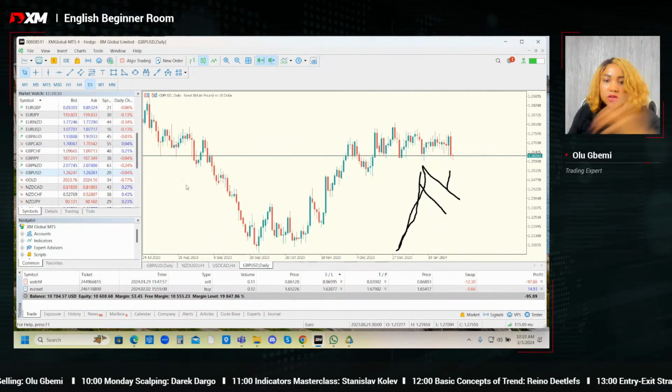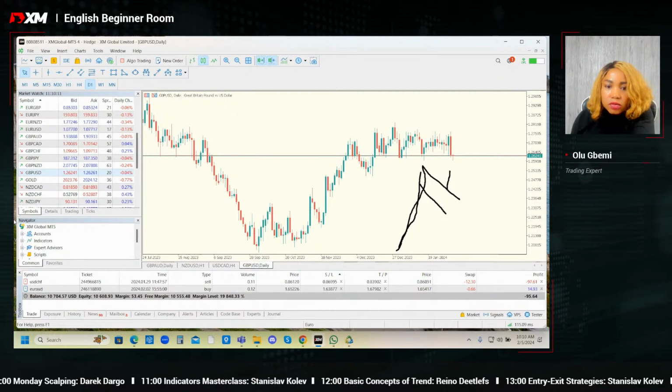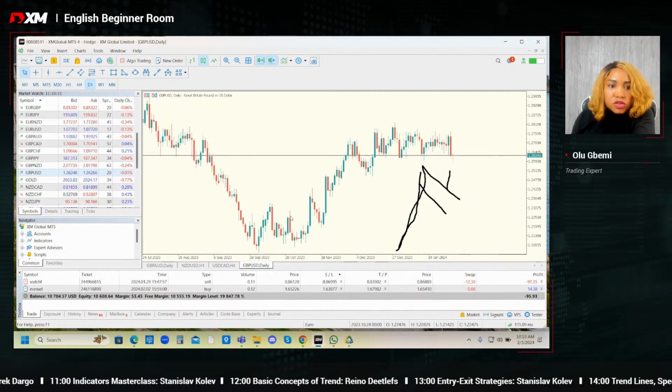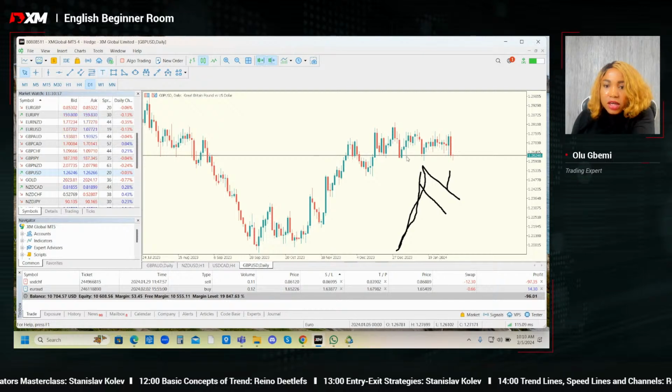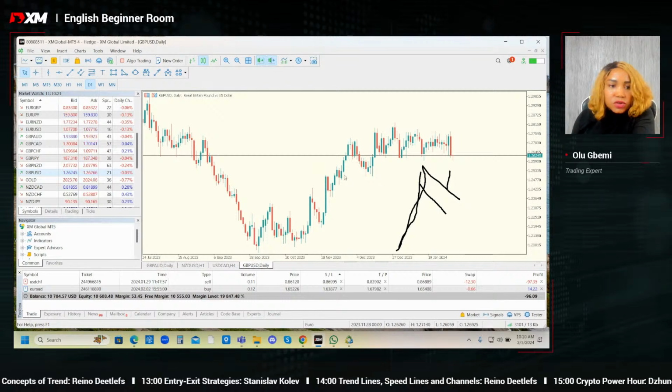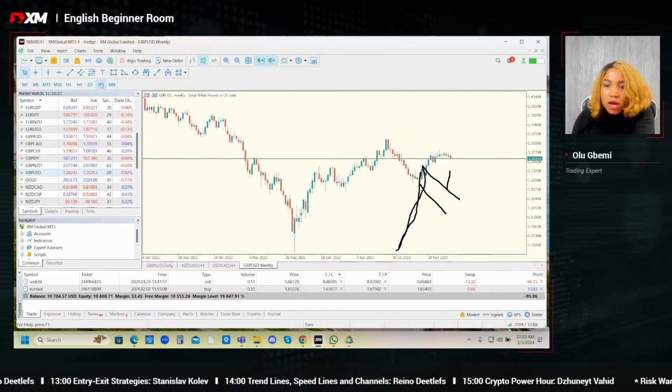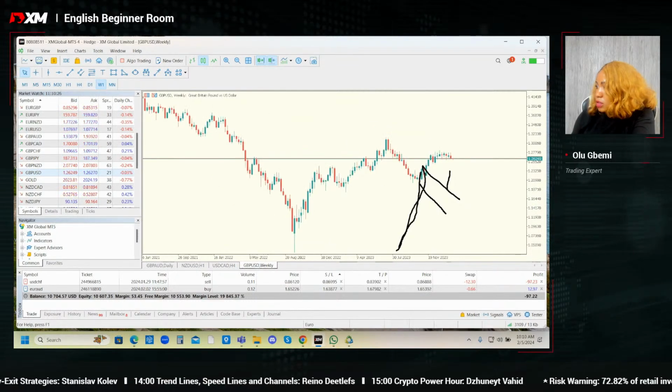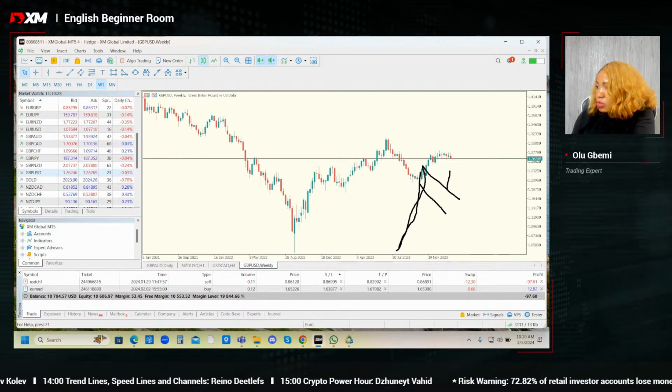Sorry. So with GBP USD, we have the price moving to the upside like this on the daily. Then we have a ranging market. Okay, the market is in a range. Let's start with the weekly to have a better understanding of what's happening with the charts.